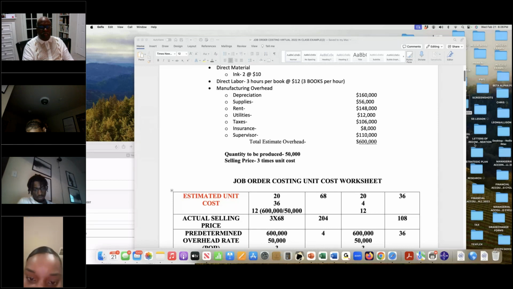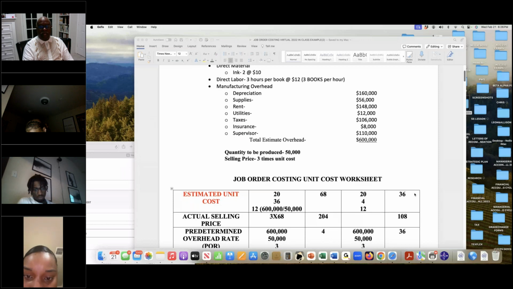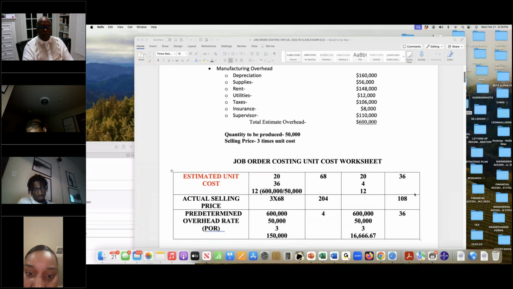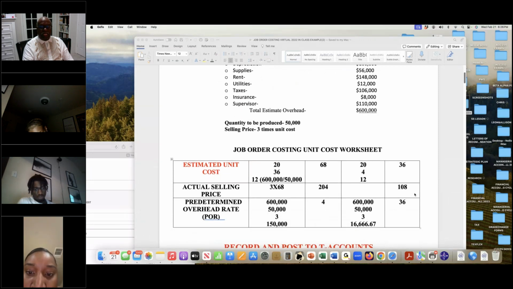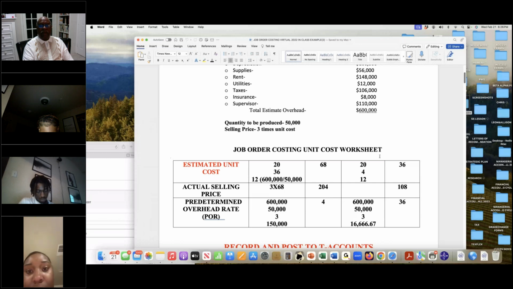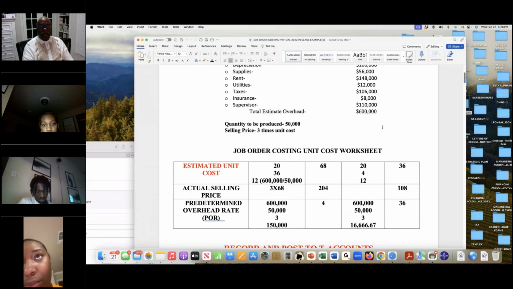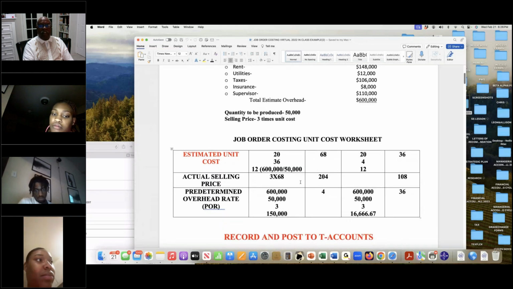Okay, let's move on to the predetermined overhead rate. In calculating the predetermined overhead rate, for our example, we changed it up, but we're just looking at the one on the left. We first of all put in our total overhead, 600,000.